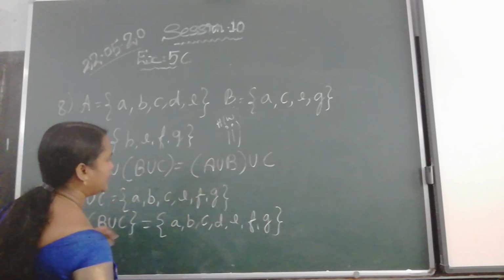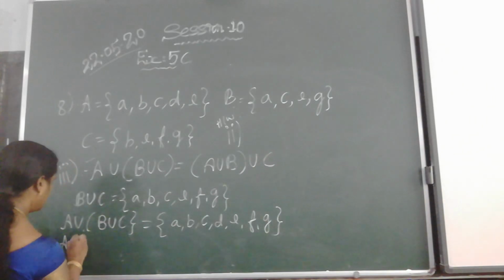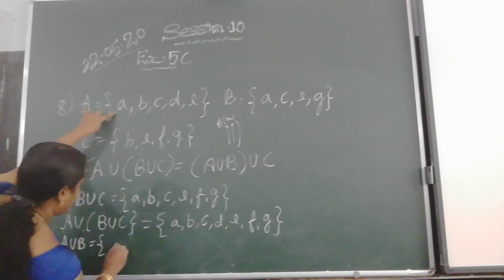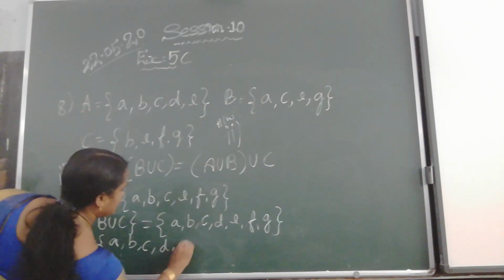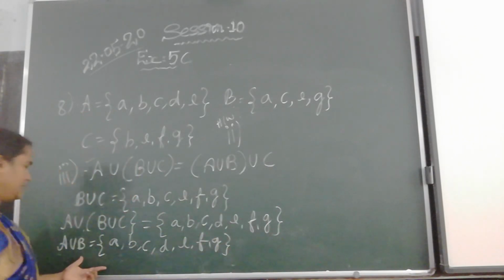Now we will move to A union B. First we have to find out A union B, that means A, B, C, D, E, F, G. That is what we are getting as A union B.